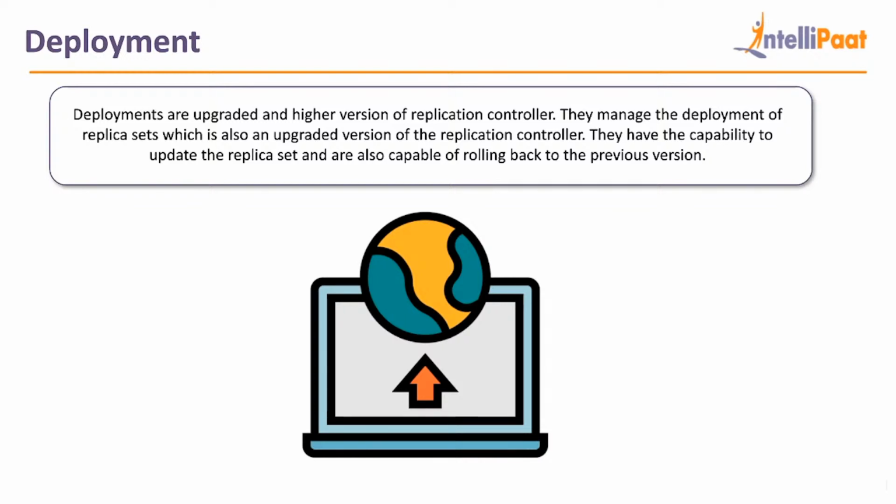So basically, let's say I have to create 5 pods, right? And I always want 5 pods to be up until the time when I don't want it. So the job of deployment is to make sure that if I have described I need 5 pods continuously running, 5 pods are always running.